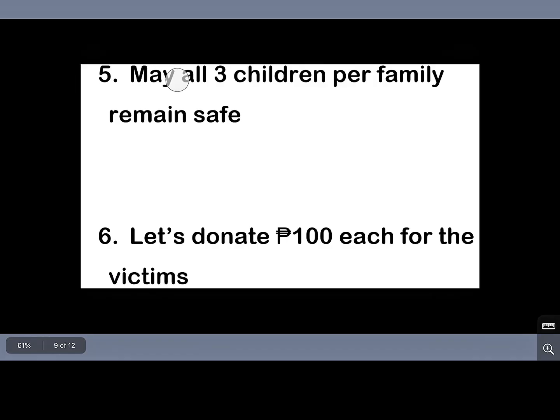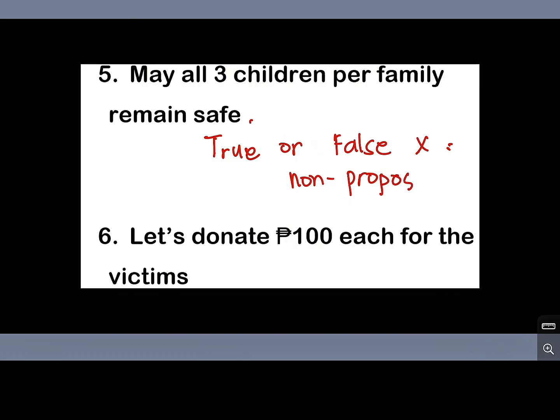For number 5, may all 3 children per family remain safe. This one is a wish. It cannot be identified as true or false. Then we classify this one as non-proposition. Number 6, let's donate 100 pesos each for the victims.